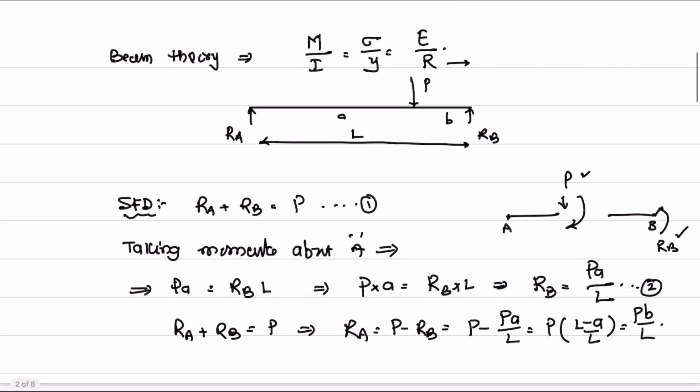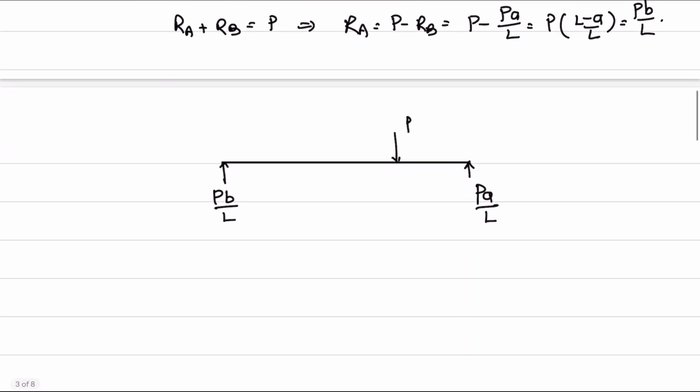This is A, this is B. This is the final loading on the beam. RB is equal to PA by L, RA is equal to PB by L. Now we have got the forces.